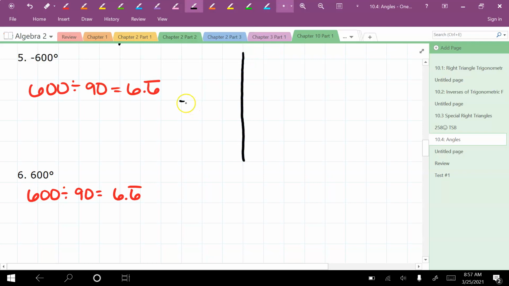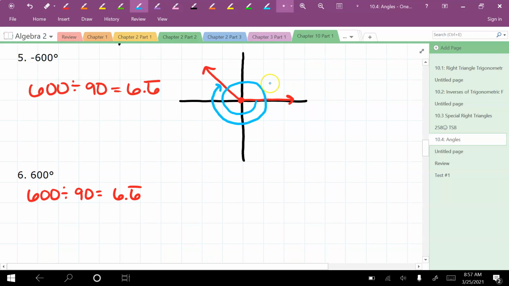Now for the first one, negative 600, which direction do I want to go? Clockwise or counterclockwise? Good, clockwise, because it's negative. So it's going to end up in quadrant 2, because if I follow my path here, here's 1, 2, 3, 4, 5, 6, and then it's got to go a little bit more into that next one.